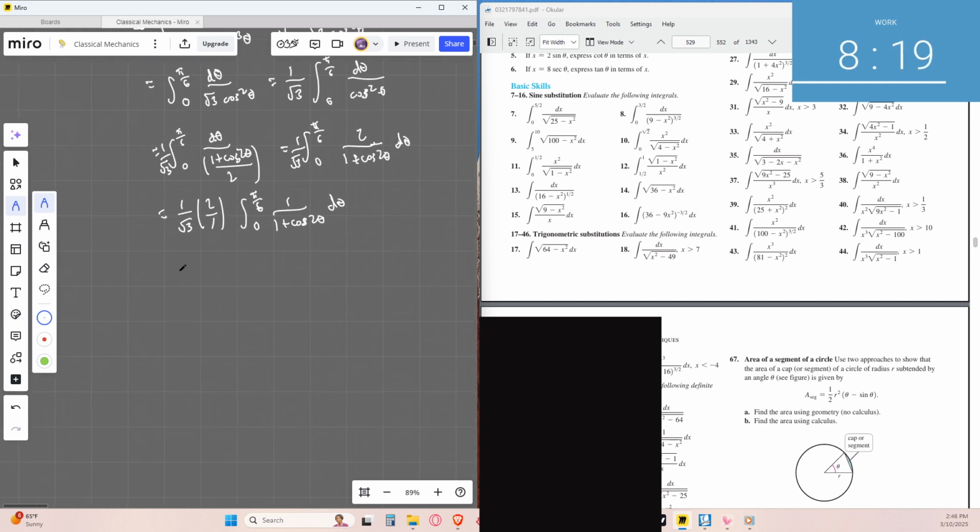Let me just bring this up a little bit. So we got 2 over the square root of 3 integral. Oh no, this is the denominator, so we can't do that. I was about to split them, and I was like, no, you can't do that. Did I make this more complicated than it is?